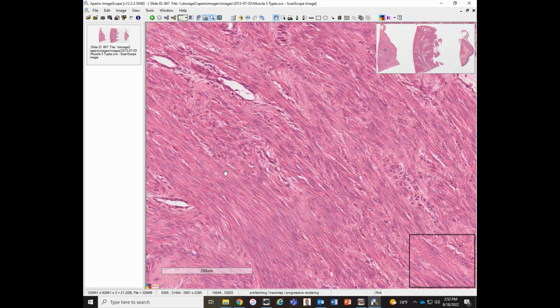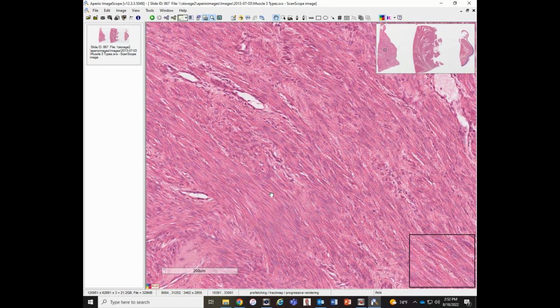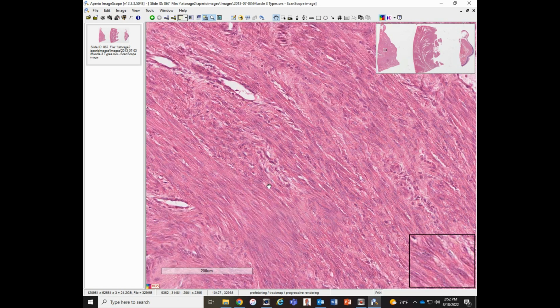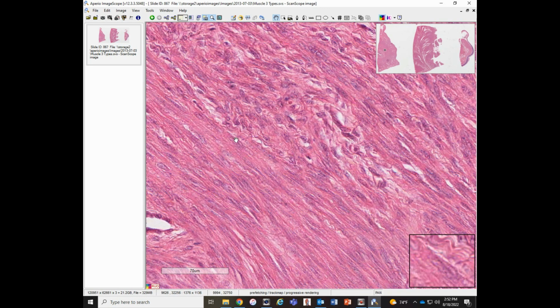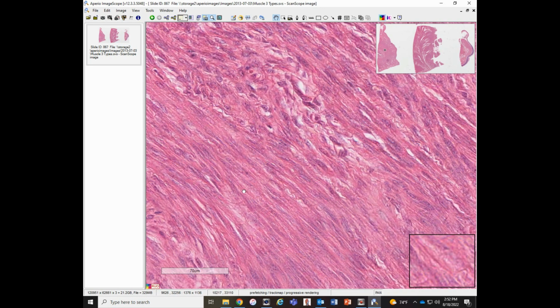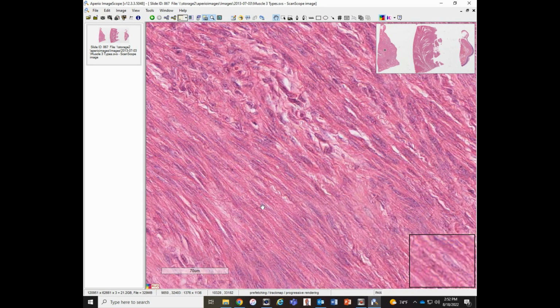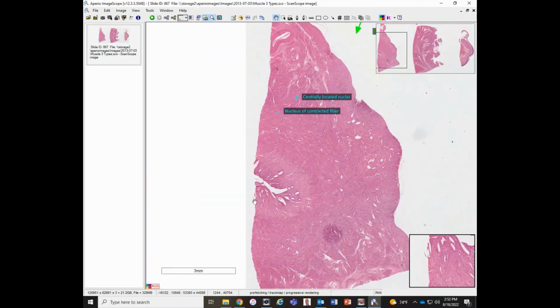It doesn't have the same wavy appearance as peripheral nerve, it doesn't have striations of skeletal muscle, and it doesn't have the large collagen fibers that we would see in dense connective tissue. So here, this is a good example of smooth muscle, and we have these elongated smooth muscle nuclei present there.